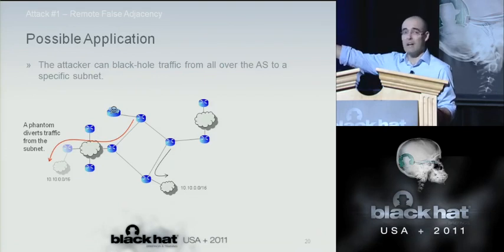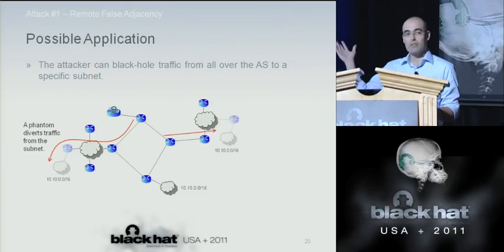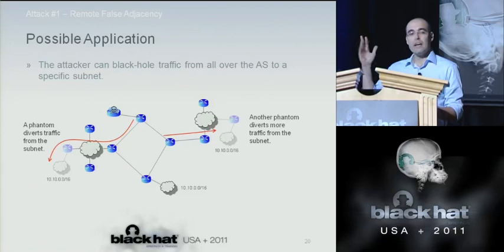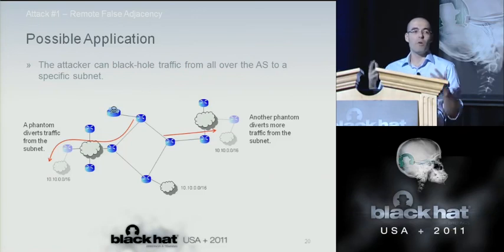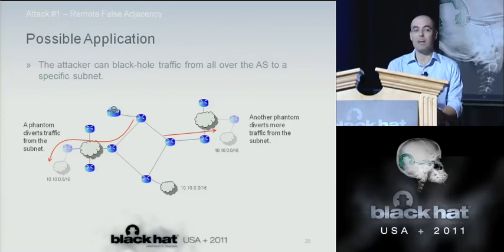Now the routers on the right side are not affected, but this can be handled very easily by setting up another phantom router on the right side of the autonomous system. And the attacker can just move on and set up more and more phantom routers on the autonomous system at will, as needed, until all the autonomous system traffic destined to this subnet is black holed.